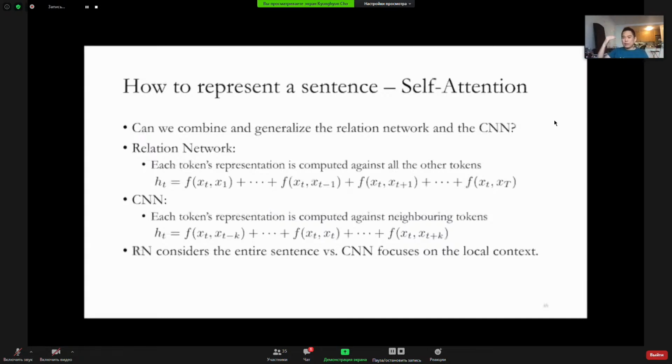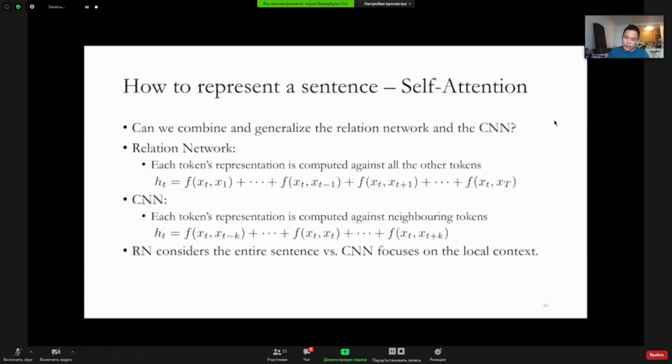It depends on how many layers you have, whether you use dilation or not, and what the kernel size was. Can we then somehow generalize this convolutional network so as to avoid fixing the maximum size of the receptive field? And can we do so by combining the idea from the relational network and convolution?